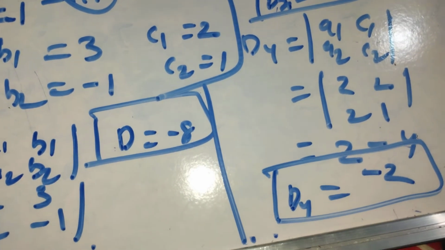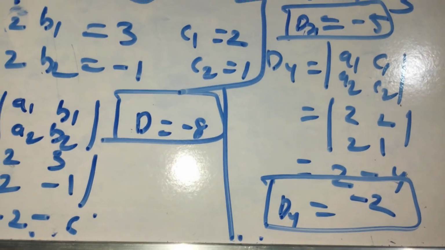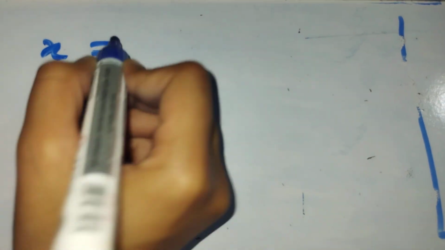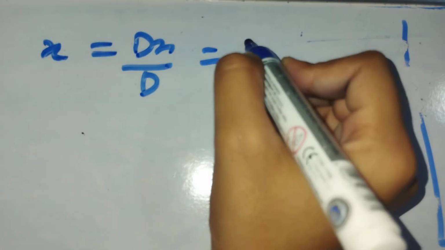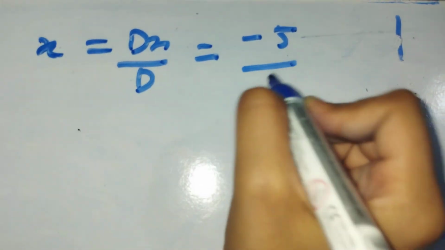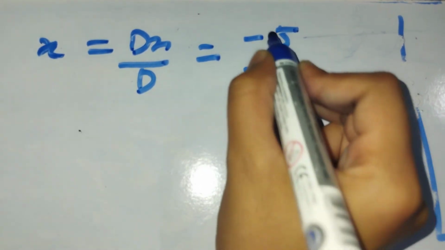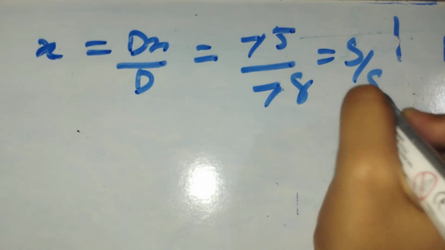Now after that we have to find the x and y values. So x is dx by d, where dx is -5 and d is -8. So 5 by 8 is the x value.